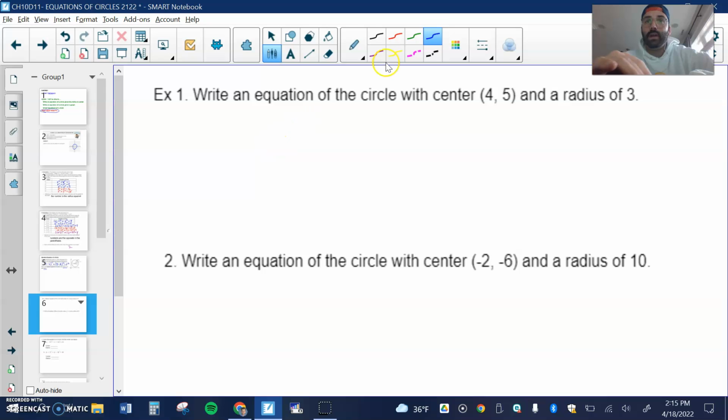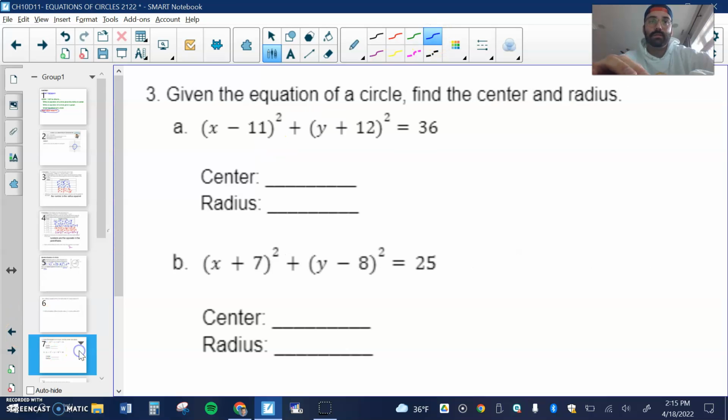So write an equation of a circle with a center. Actually, let's go to examples 3 and 4 first. Given the equation of a circle, find the center and the radius. Well, the radius is just the square root of 36, which is 6. The center is the opposite of each set of parentheses.